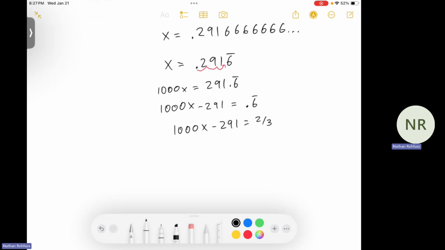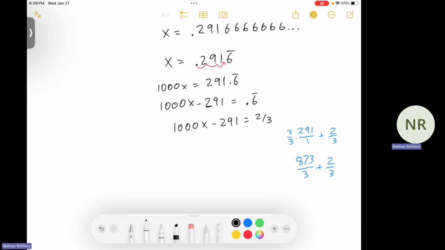Now I can add 291 to both sides. What's 3 times 291? Looks like it's 873. So I've got 1,000x is 875 over 3.